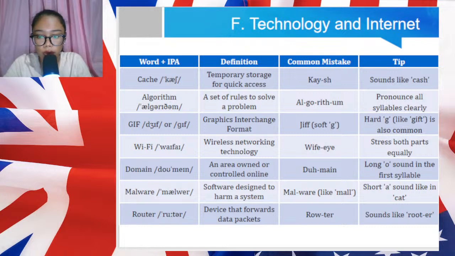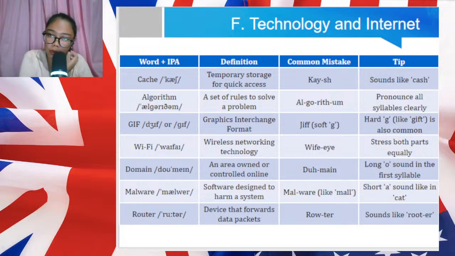The first one is cache. All right. What is it again? Cache. Very easy. Cache refers to a temporary storage area for quick access. The common mistake in pronouncing it is to say it like cage or cachet. But the correct pronunciation is cash.